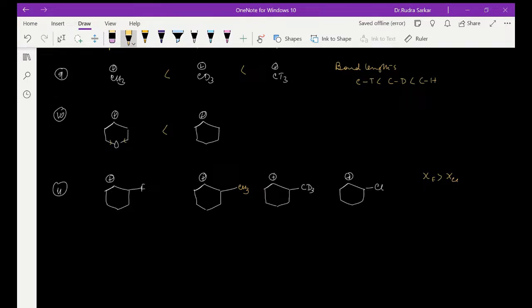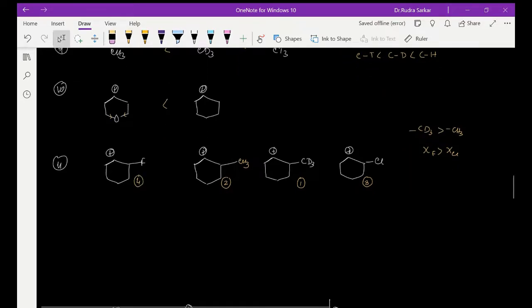Now out of CH3 and CD3, which is more electron donating? Obviously we know CD3 is more electron donating than CH3 because of the shorter CD bonds. That way we will say this is going to be the highest stable molecule, followed by number 2, then this will be our third, and this will be our fourth.